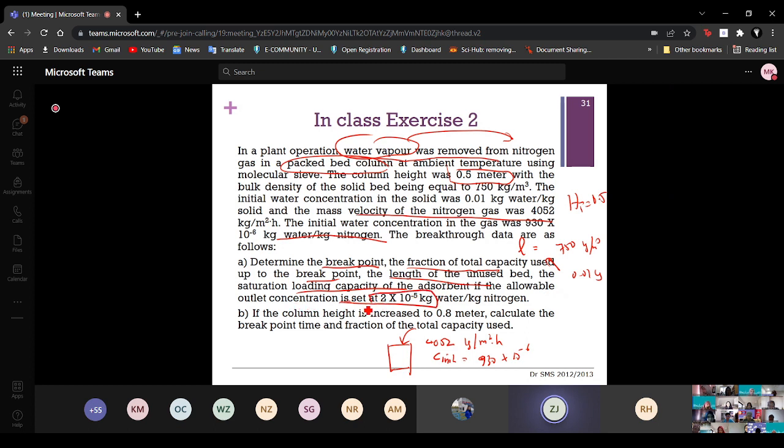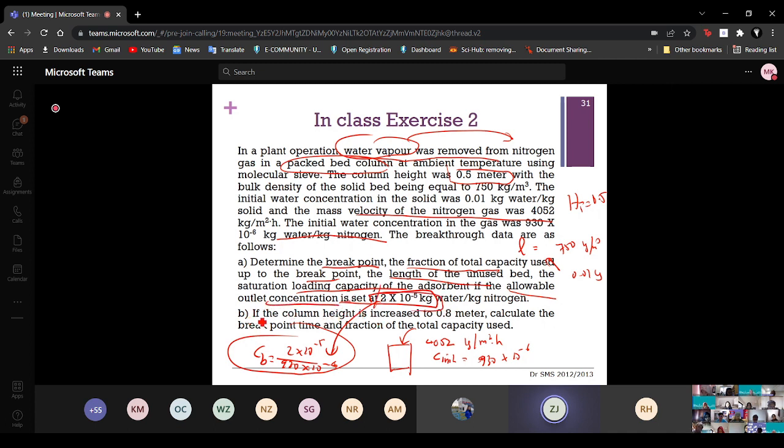Allowable outlet concentration means here you want to get CB. CB is going to be 2 times 10 minus 5 divided by the initial, 930 times 10 minus power 6. So this is your CB. They don't tell you exactly what the CB value is, but they talk about the allowable outlet concentration, so this is going to be your CB.